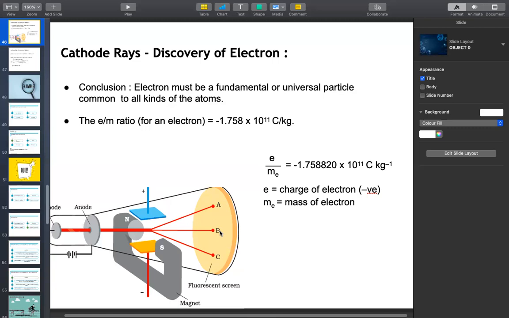Got it? So by that he calculated the e by m ratio. Understood? And he found that the e by m ratio remains the same for all the gases.